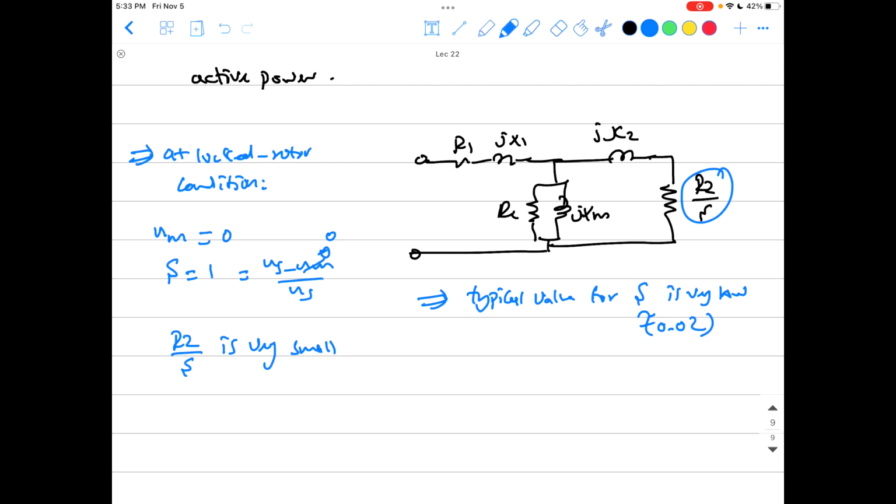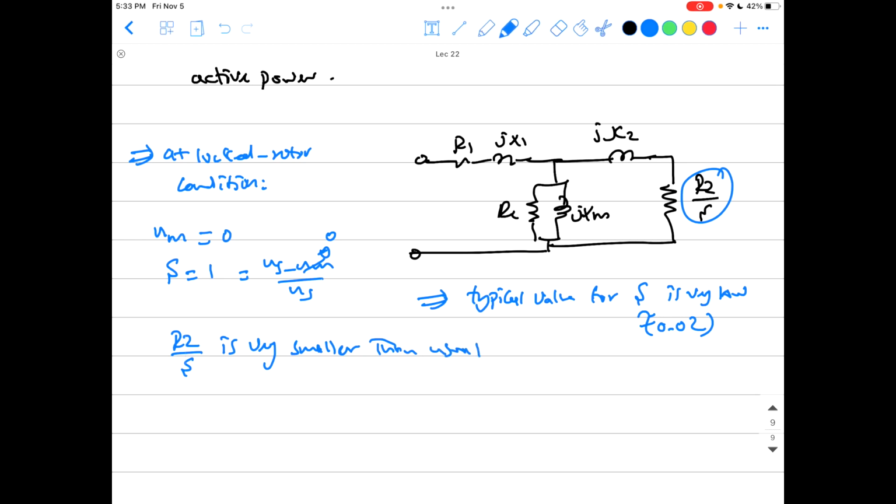And this typically means that R2 over S will be very high, because the denominator S is very small. But in locked rotor condition, the slip now equals 1, not a very small fraction like 0.02, 0.05, something like that. So that means now R2 over S has gone very small, much smaller than usual. Okay guys?